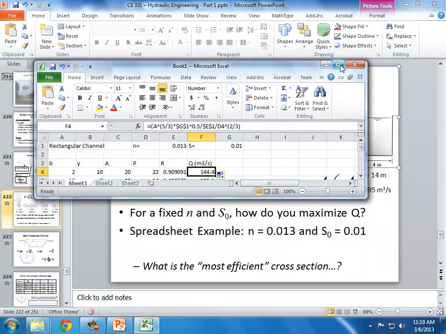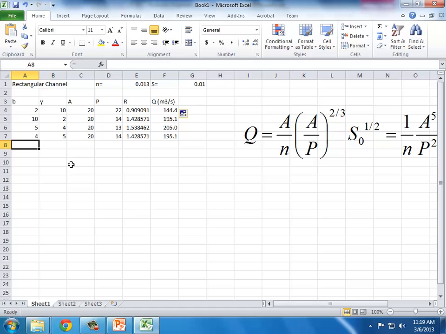Okay. So what if the B was 3.1623 and the area is 20, and so, I'm sorry, that was the y. Okay, so the B will be area divided by y. So that would give us a bottom width of 6.32. Okay, the wetted perimeter has been minimized.